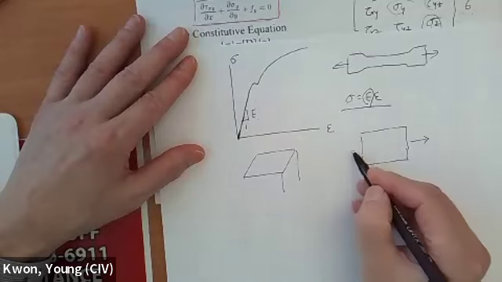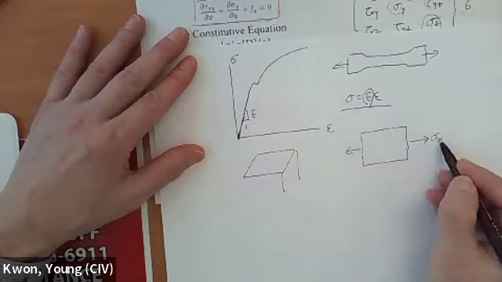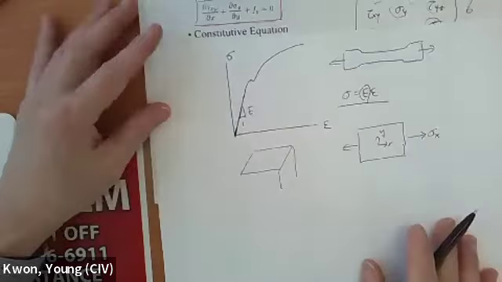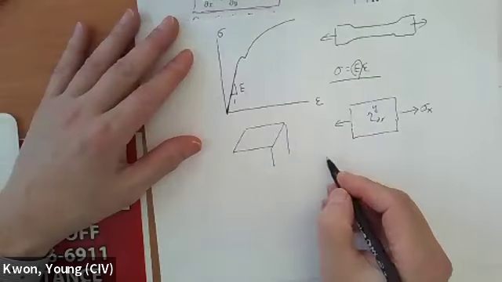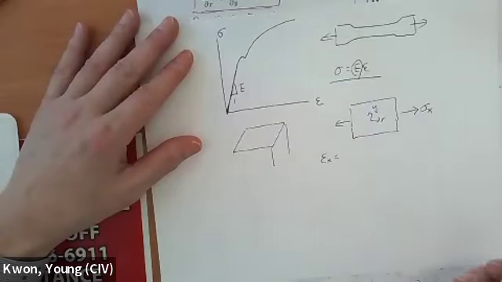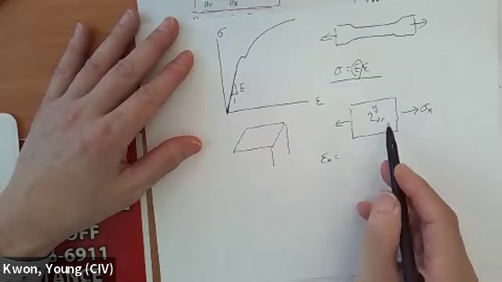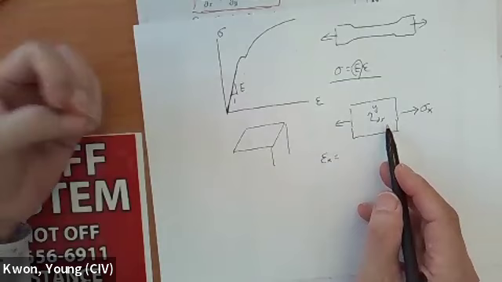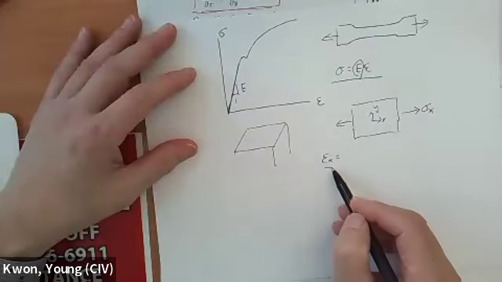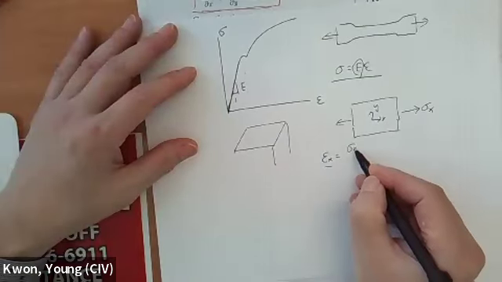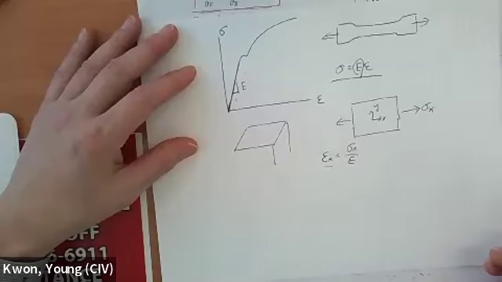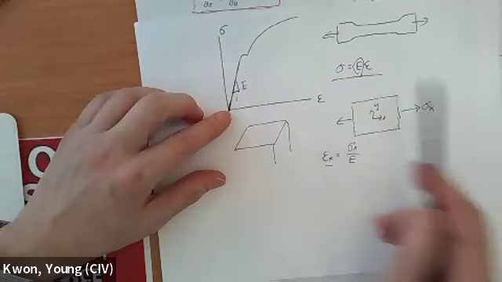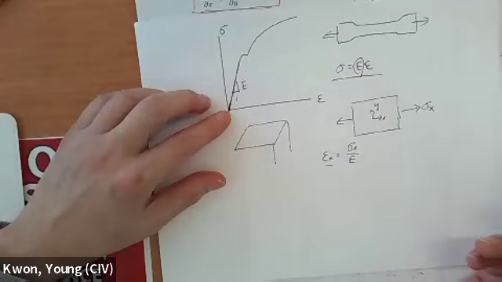If I apply sigma x, this is the x-y plane, then the strain in the x direction, assuming this is an isotropic material, where isotropic means property is the same in every direction. So epsilon x is going to be sigma x divided by elastic modulus, from Hooke's law. Epsilon is sigma over E, correct?